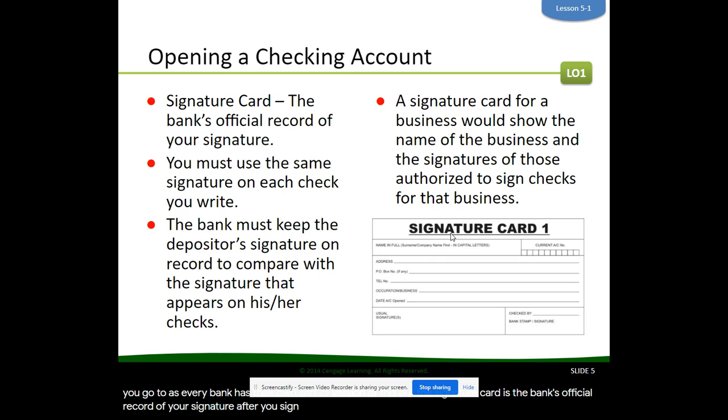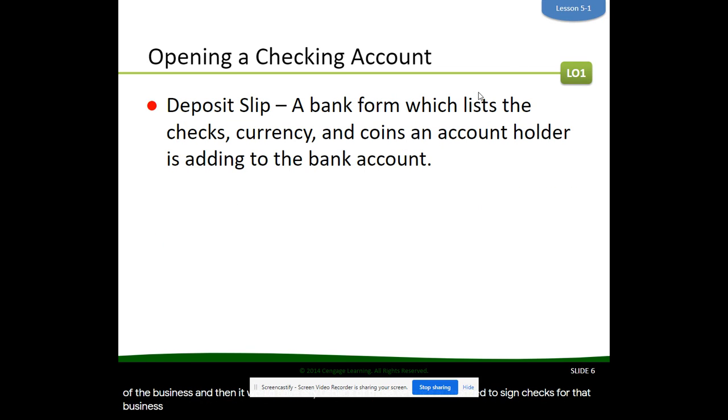After you sign your name on the signature card, you must use the same signature on each check that you write. Then the bank is going to keep your signature on record and compare your signature every time you write or endorse a check. A signature card for a business would show the name of the business, and then it would have any signatures of those who are authorized to sign checks for that business.